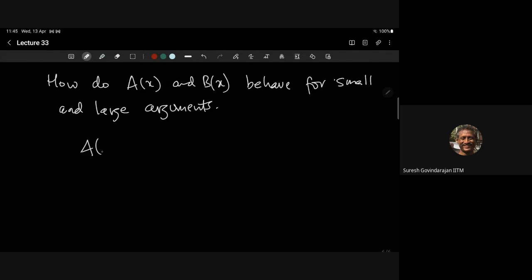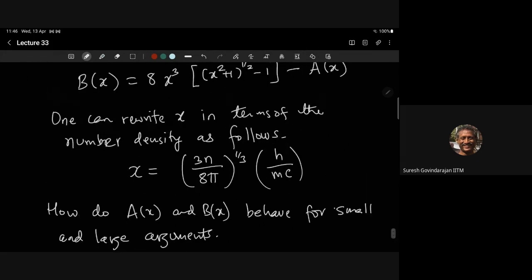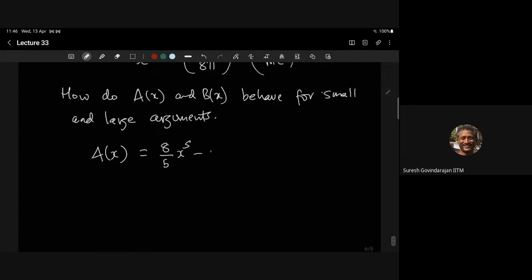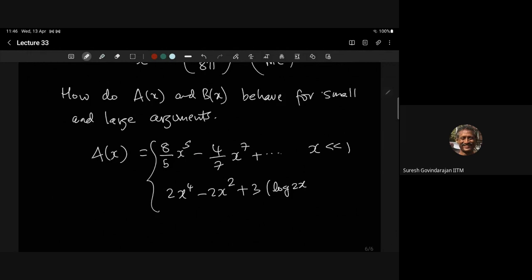So A of x is equal to 8/5 ... for large argument, you get this.